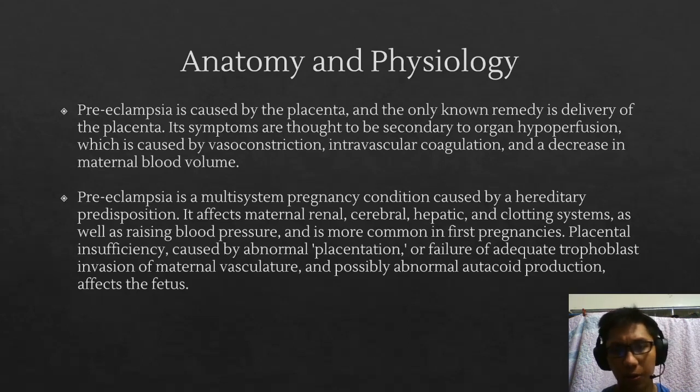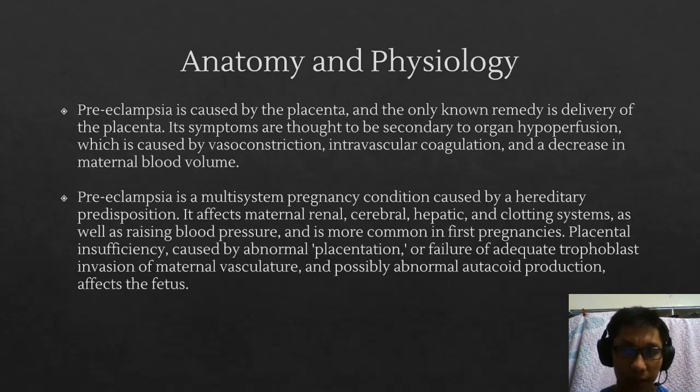Now, let's talk about the PIH. You see, the PIH or preeclampsia is caused by the placenta, and the only known remedy for it is the delivery of the placenta. Its symptoms are thought to be secondary to organ hypoperfusion, which is caused by vasoconstriction, intravascular coagulation, and a decrease in maternal blood volume.